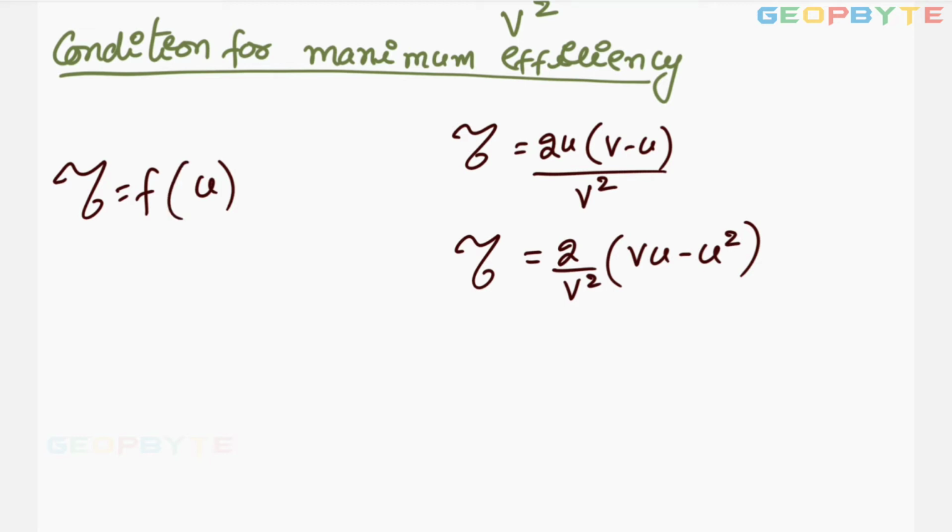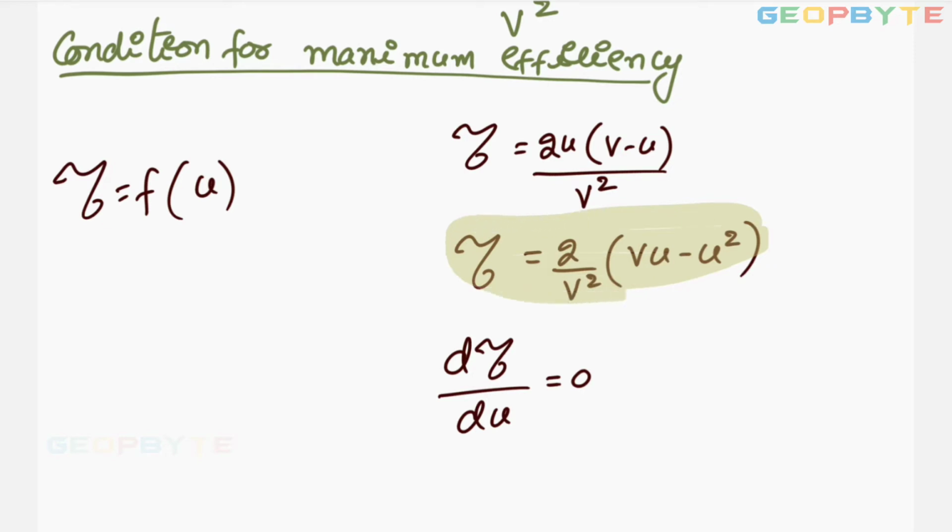That means the blade efficiency is maximum only for a particular value of U. To know that particular value, I am differentiating the blade efficiency with respect to the blade speed and equating to 0. I hope you got my point. The blade efficiency is depending on U only because the jet velocity remains constant.